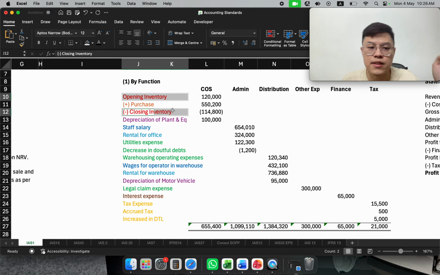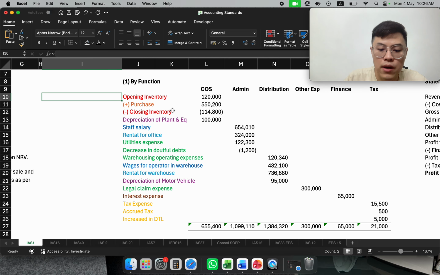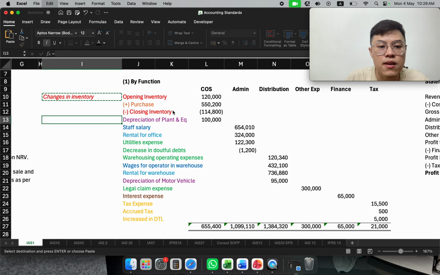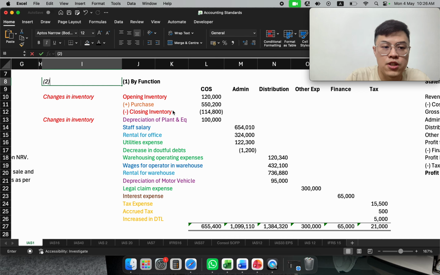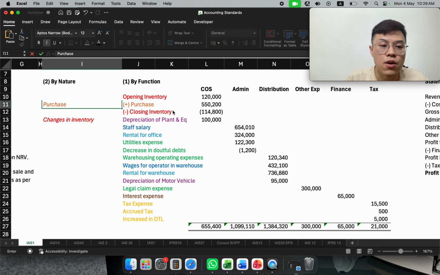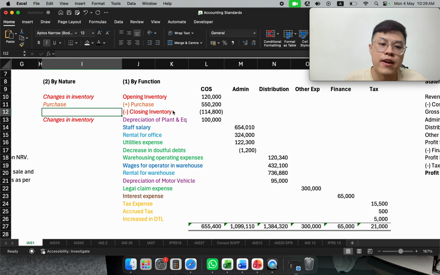Last year inventory and this year inventory, you change how much. So we are going to put it as changes in inventory under one single line in your by nature category.